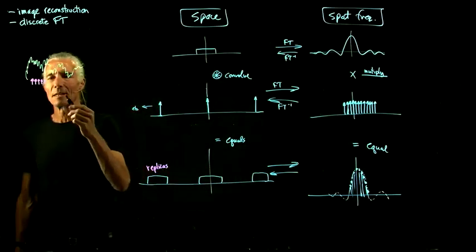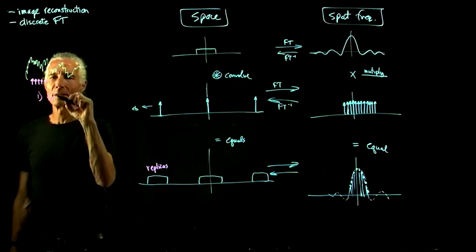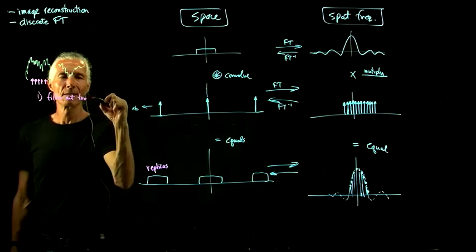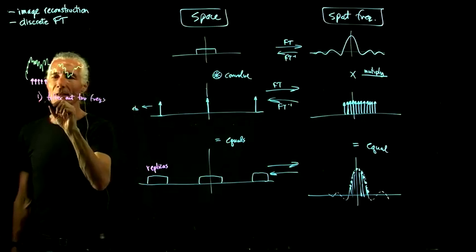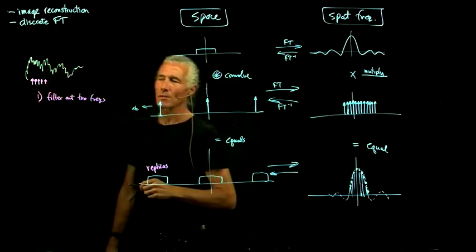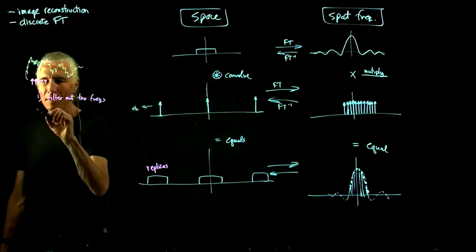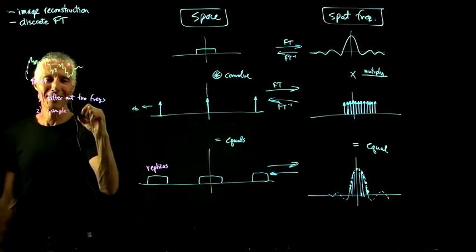There are two ways to deal with it. One way, you can filter out too-high frequencies, absolutely remove them, or sample faster.